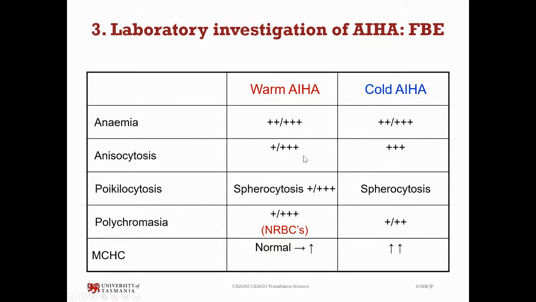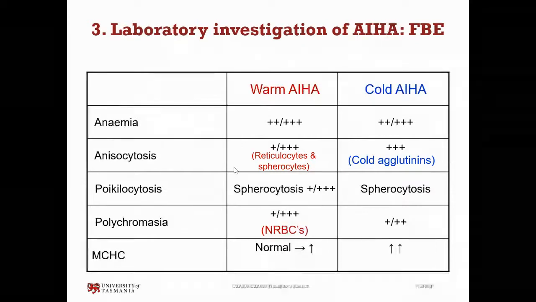Anisocytosis can also be mild to severe, but it's caused by different things. So in warm autoimmune hemolytic anemia, the anisocytosis tends to be due to reticulocytosis and spherocytes, because remember, we've got IgG antibodies here, which will sensitize the cells, and so the IgG antibody will be removed from the red cell membranes by the reticuloendothelial system, and hence we get our spherocytes.